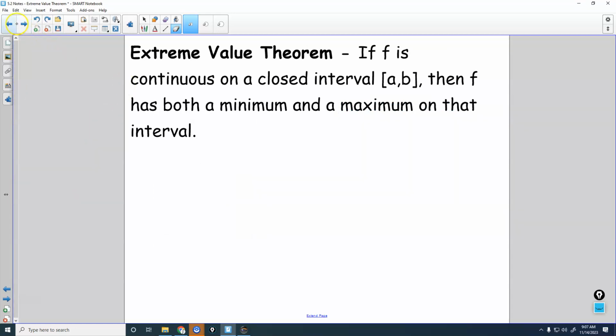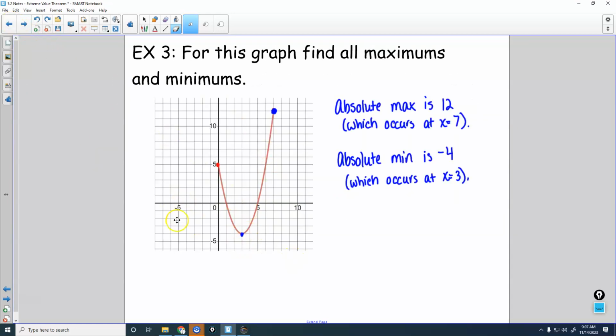Okay, so this last question leads into what our focus is for today, and that is the extreme value theorem. If you cut a graph off, so instead of something that has arrows on the end, you have endpoints, you have to have an absolute maximum and an absolute minimum value.